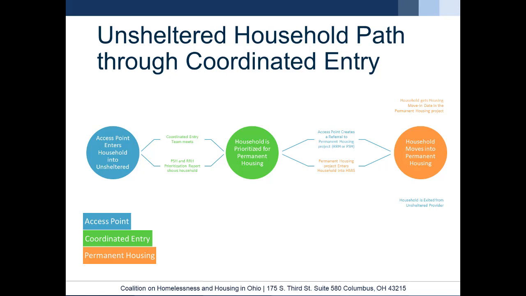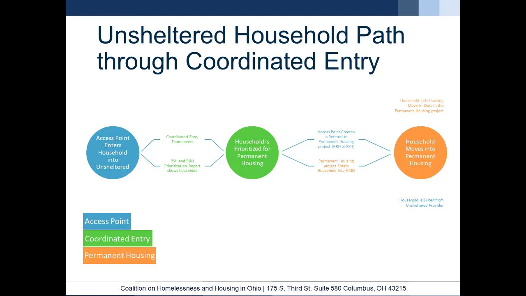At the access point, we'll enter that household into the unsheltered provider. That data then shows up on the PSH and RH prioritization report. And when the coordinated entry team meets, they will prioritize that household for permanent housing, depending on their VI-FSPDAT score and other factors.